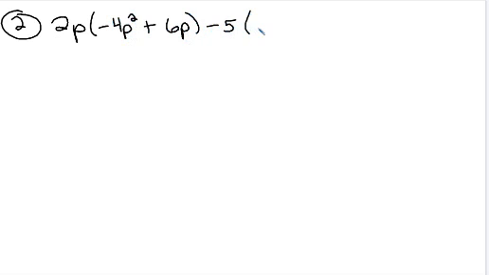Let's say that we had p times negative 4p squared plus 6p, minus 5 times 2p squared plus 20. Now this is the same type of problem as what we just did, but I have two sets of parentheses, which means I need to do distributive property separately on each one.